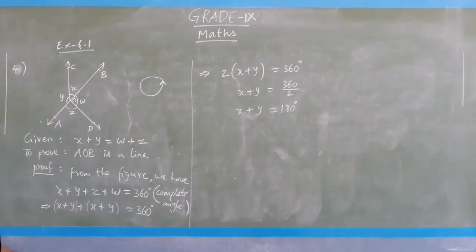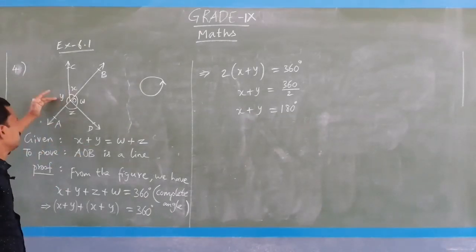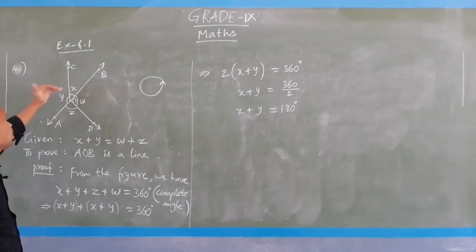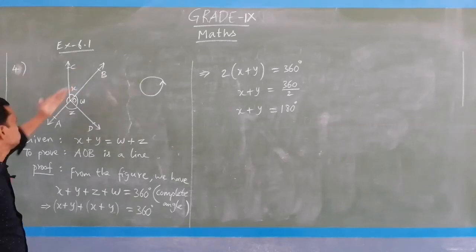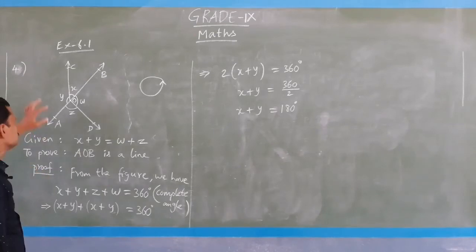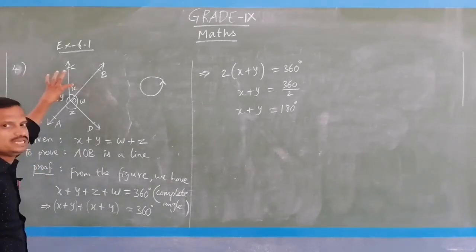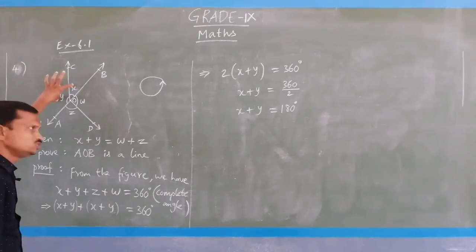You see, in the figure, x and y are two angles, a pair of angles which is on this line, that is AB. Since the sum of x and y is 180, they form a linear pair. Yes or no? Because they are adjacent angles, they form a linear pair.